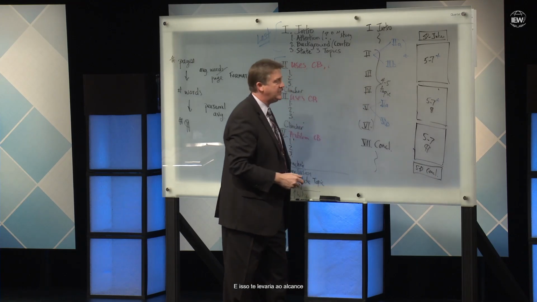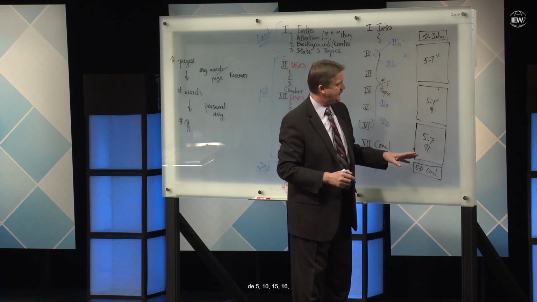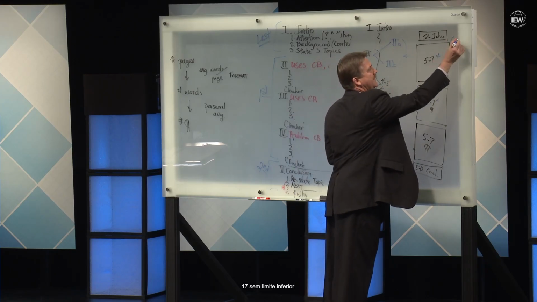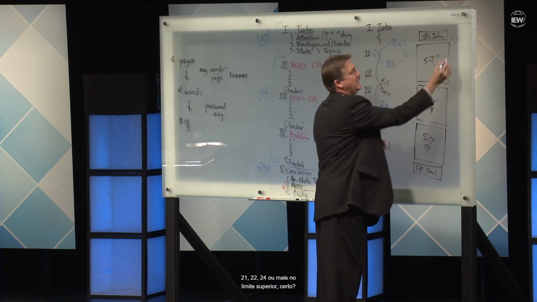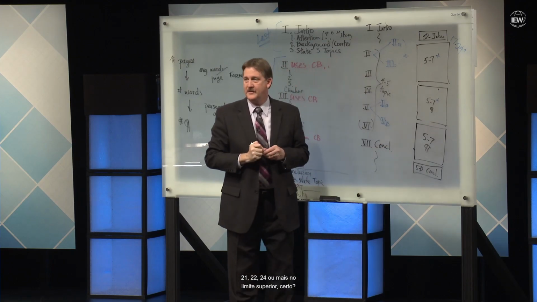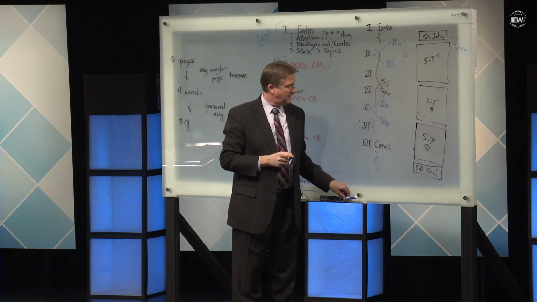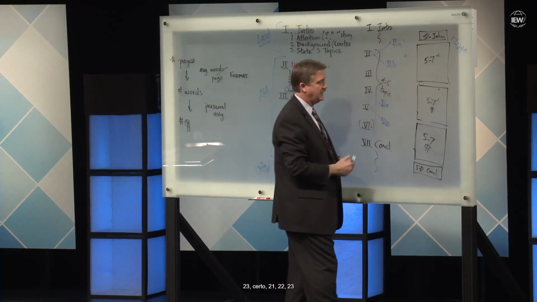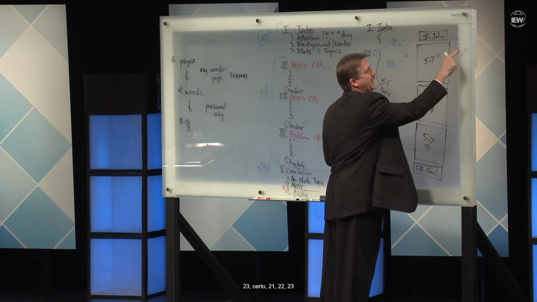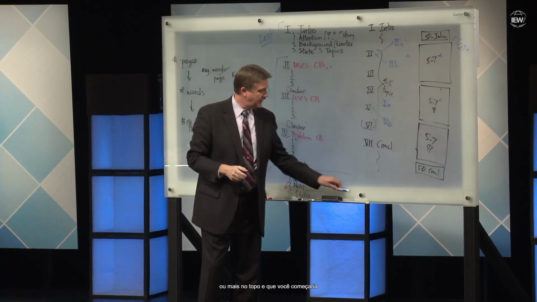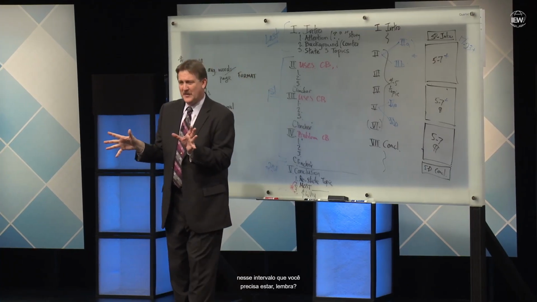And this would get you into the range of 15, 16, 17 on the low end, 21, 22, 23 or more on the high end, right? And that would get you into that range you need to be in, remember?